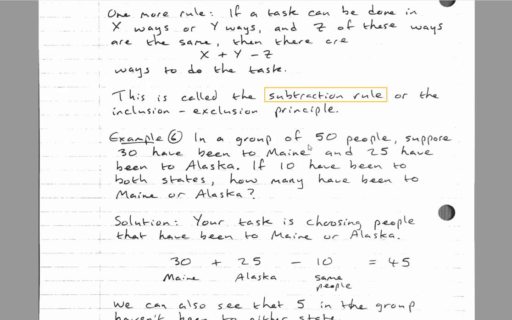Example 6, in a group of 50 people, suppose 30 have been to Maine and 25 have been to Alaska. Okay, 30 and 25, that's more than 50, so there must be some overlap. If 10 people have been to both states, how many have been to Maine or Alaska?